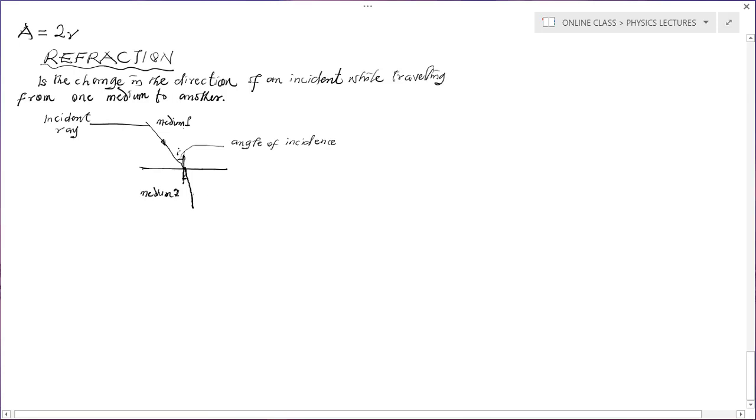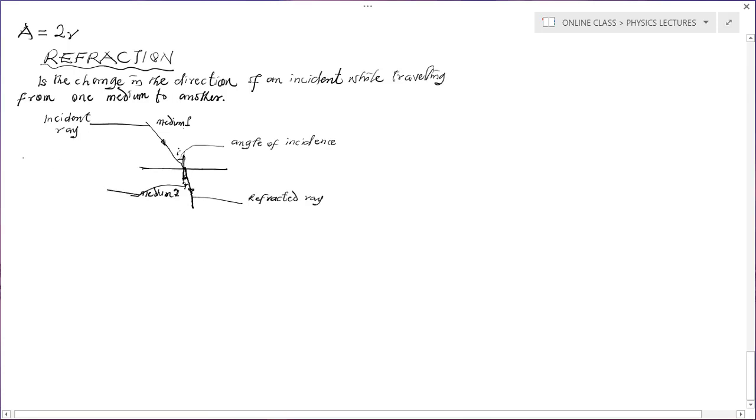Now this ray moving downward here is called the refracted ray. So the angle between that refracted ray and the normal is r, and that r is called angle of what?